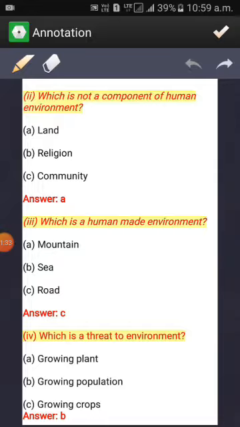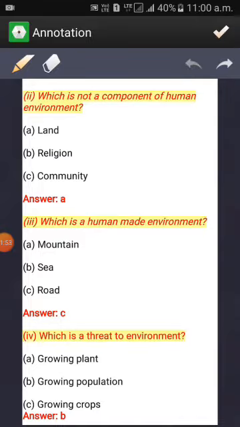Now question number 4 is, which is a threat to environment? We have to point out one option that serves as a threat to environment, one reason behind the degradation of the environment.